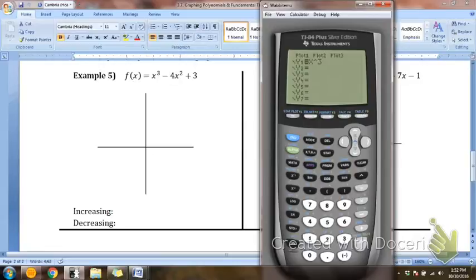Okay, so arrow over to get out of exponent mode, then minus 4x squared plus 3. So x raised to the third power minus 4x raised to the second power plus 3. Okay, then hit graph.